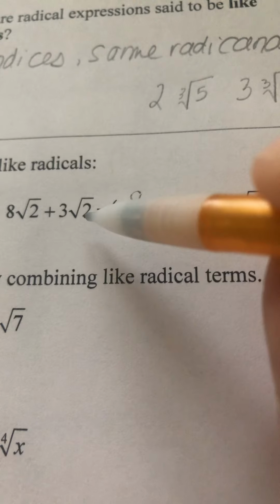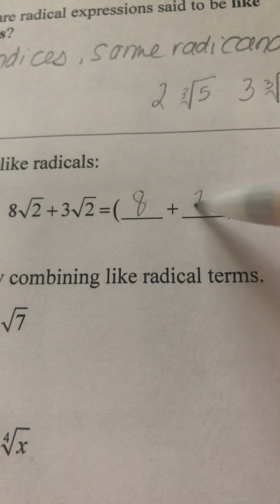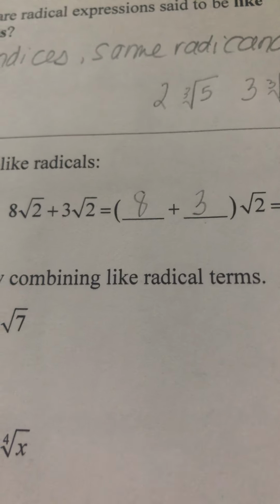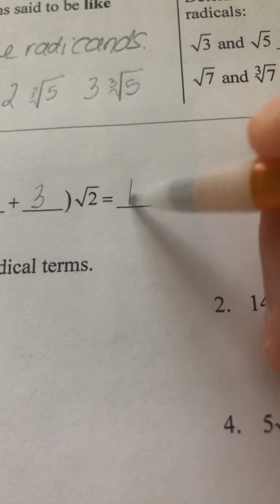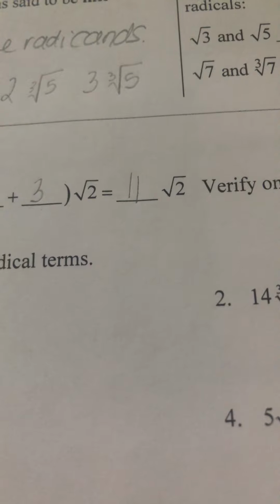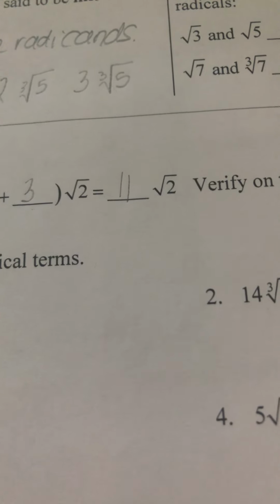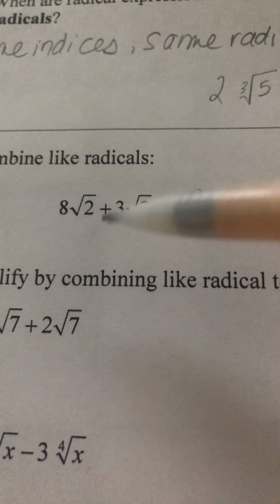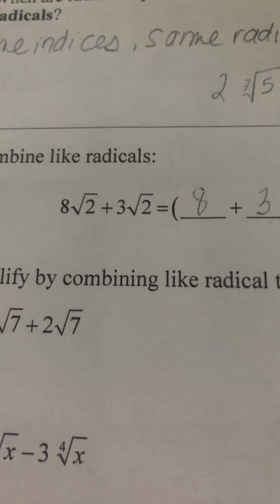And if you take away the root 2 there, what's left is 3. And so now you can just combine those two and you get 11. So it's 11 root 2 is your answer. That's just to show you that if you have those, you can add the numbers in front and just keep the radical piece the same.